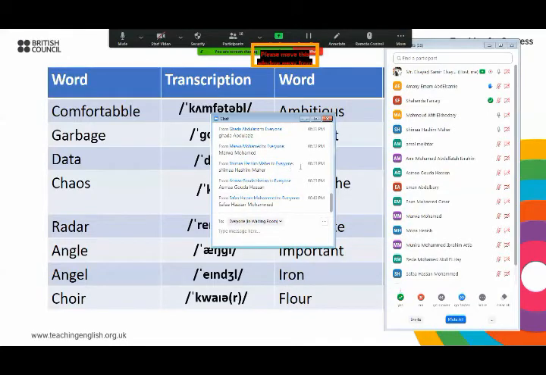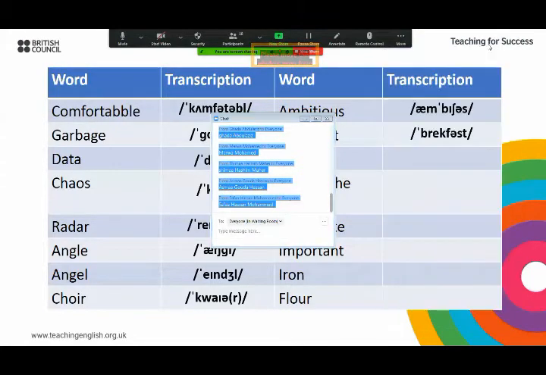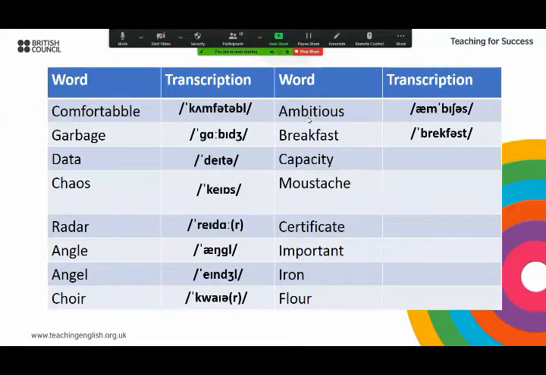Capacity. I think capacity. Ka or ka? Capacity. Okay, another opinion. Another opinion about this word.